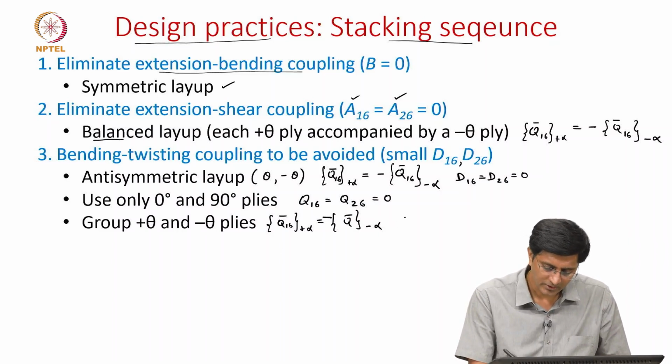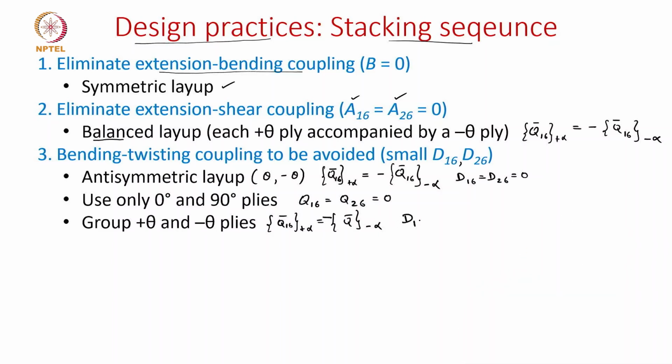Let's see the expression for D16. We said it is the summation of Q16 times Zk cube minus Zk minus 1 cube, and this is one third.